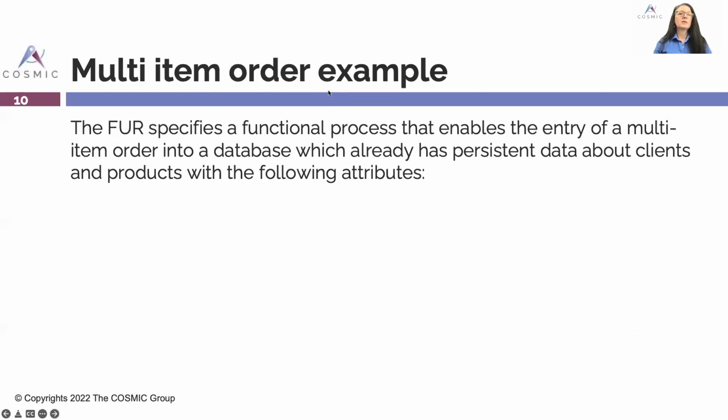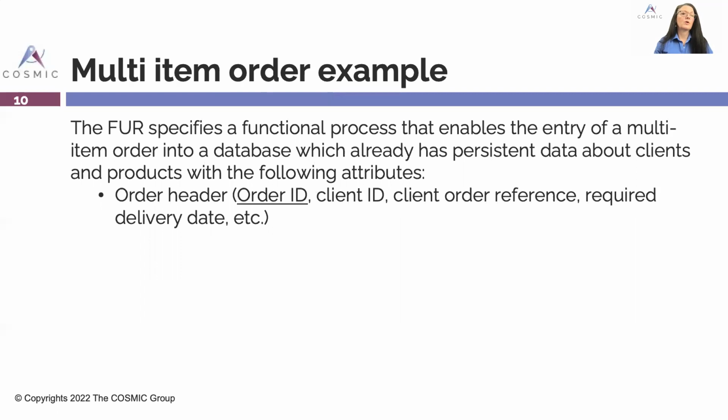If we take a multi-item order example, the first specifies a functional process that enables the entry of a multi-item order into a database, which already has persistent data about clients and products with the following attributes.